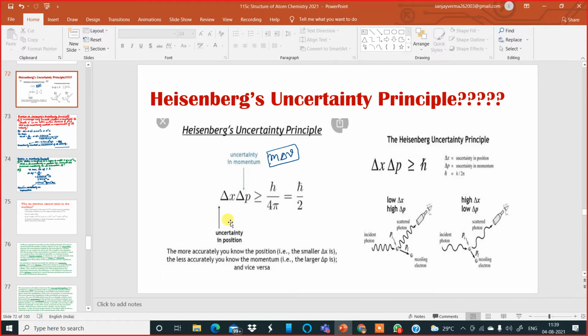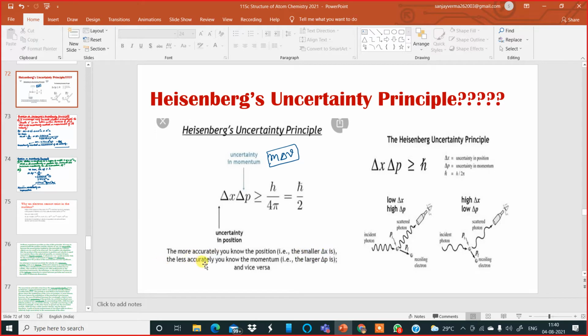Now, the product of the uncertainty in position with the uncertainty in momentum is greater than or equal to h by 4 pi, because the movement of electrons is in a circular fashion in a cloud, that is also equal to h by 2. Now, the more accurately you know the position, the smaller delta x is.